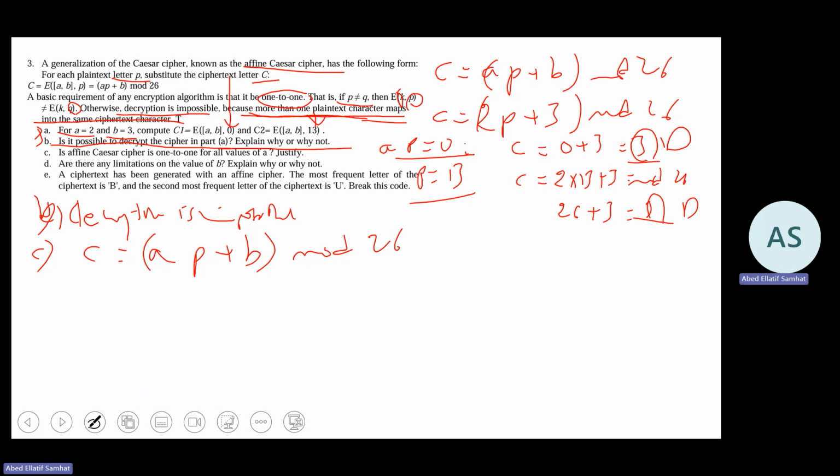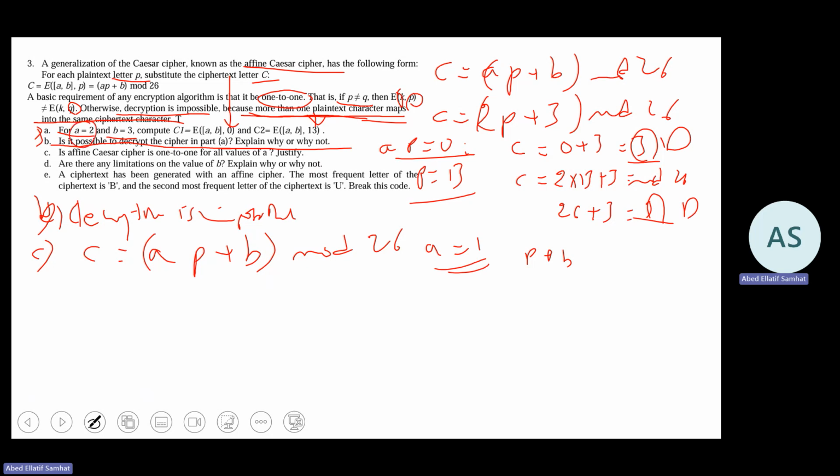As we said, if we put A equal 1, it will be okay. In this case it will be P plus B, and we will have a one-to-one relationship. However, for other values, like here where we used A equal 2, it was not one-to-one.